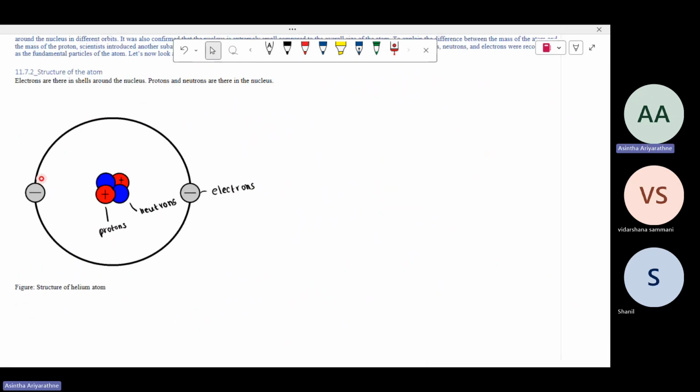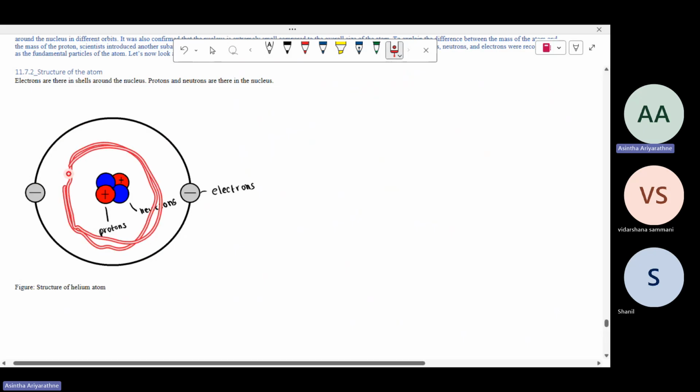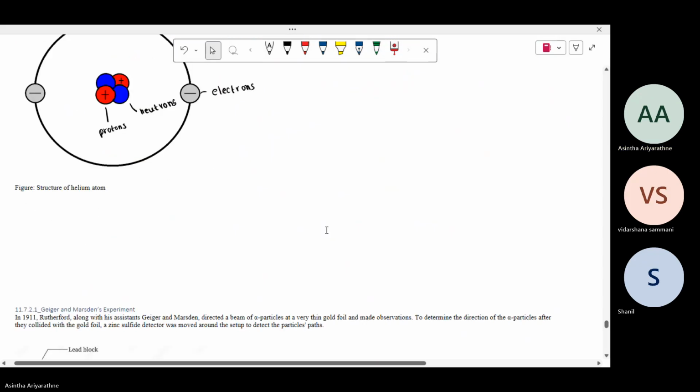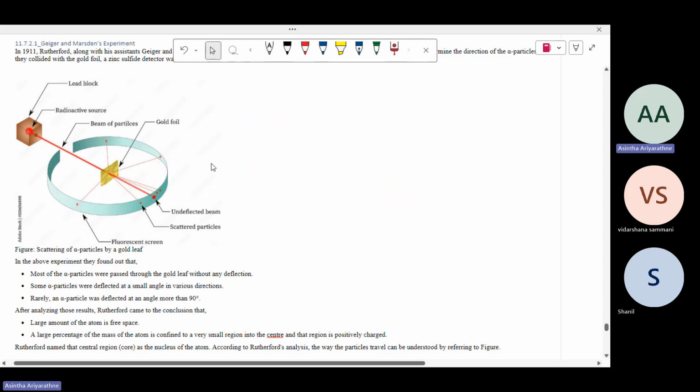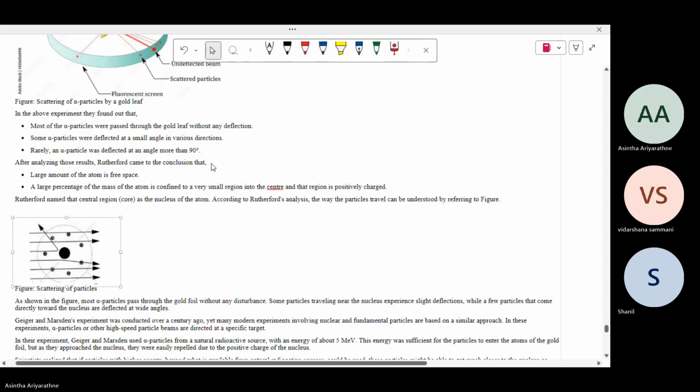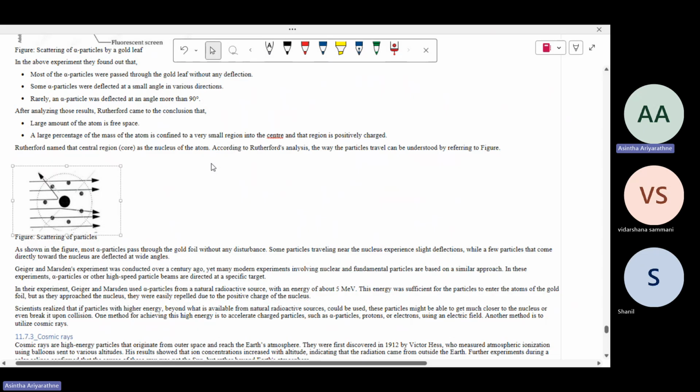This experiment could prove that this concept is mostly correct, because here we can see huge free space, and only the nucleus is confined to a very small region. So the atom mostly consists of free space. By doing this experiment, the scientists were able to clarify that more.